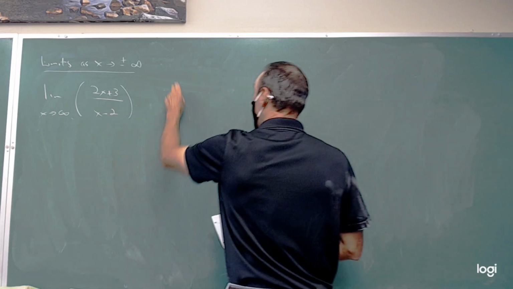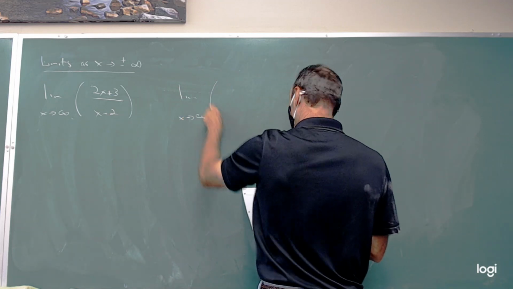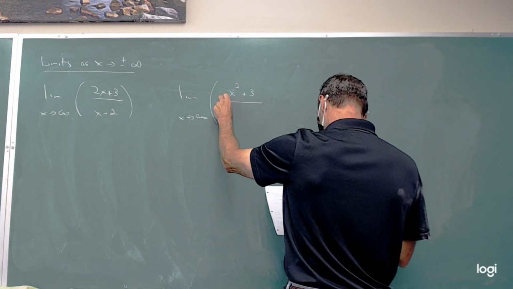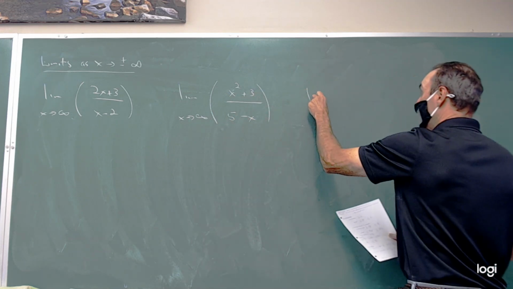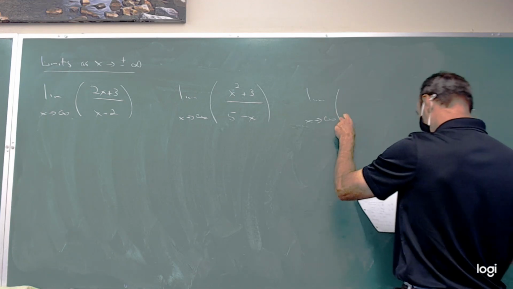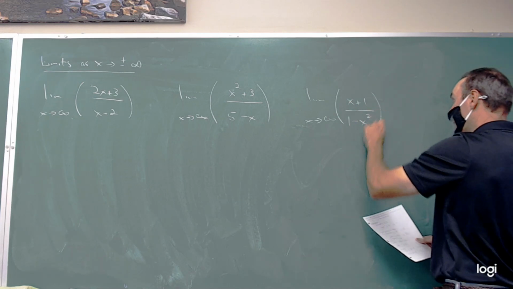The second example: the limit as x goes to infinity of x squared plus 3 over 5 minus x. And the third example: the limit as x goes to infinity of x plus 1 over 1 minus x squared.